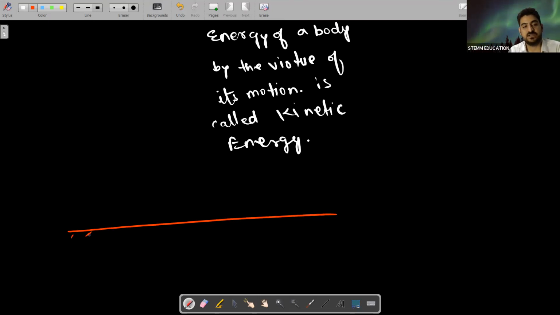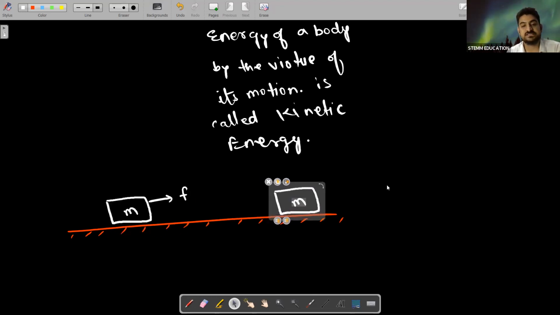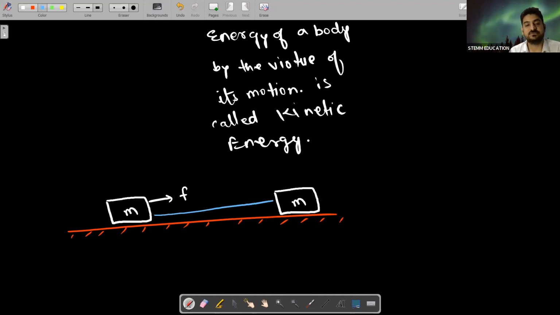So this is the ground, and on this ground we have a block. The block is of mass m, and a force F is being applied on it. So what will happen? This block of mass m would move by a certain distance, and it will arrive at this point, and this displacement would be known as delta r.